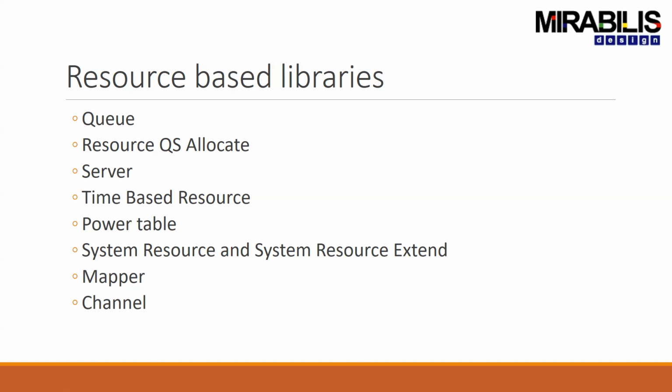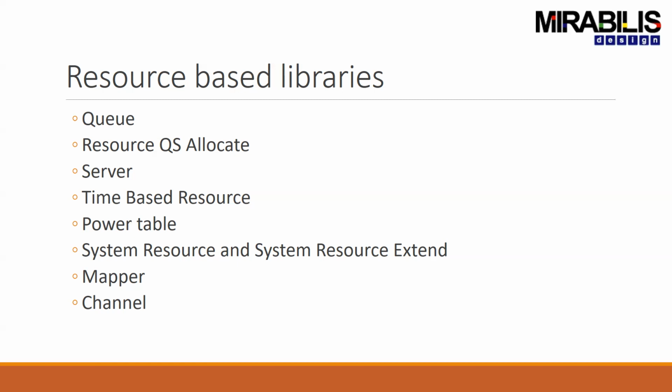And following that, we have system power table, I think it is for calculation. We will look into that later. So next one is the system resource and system resource extend. That emulates similar to server. Server is exactly one input, one output.